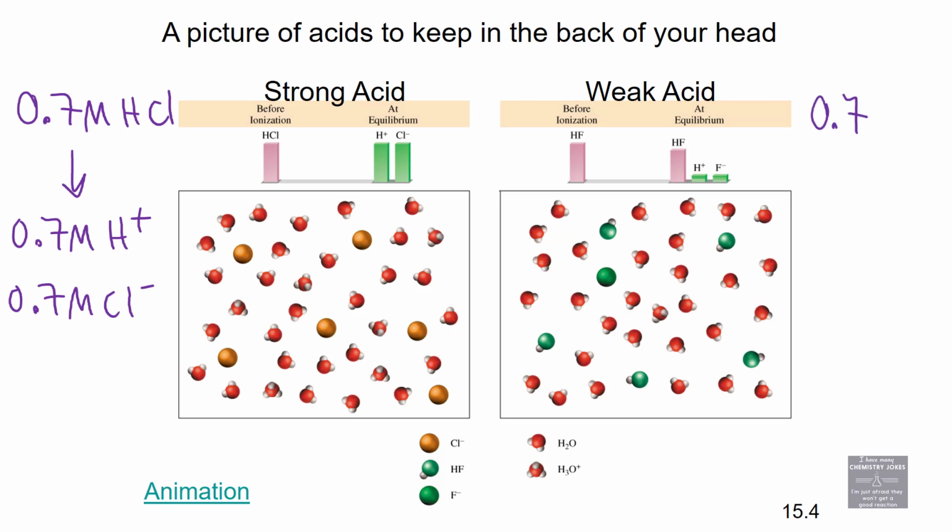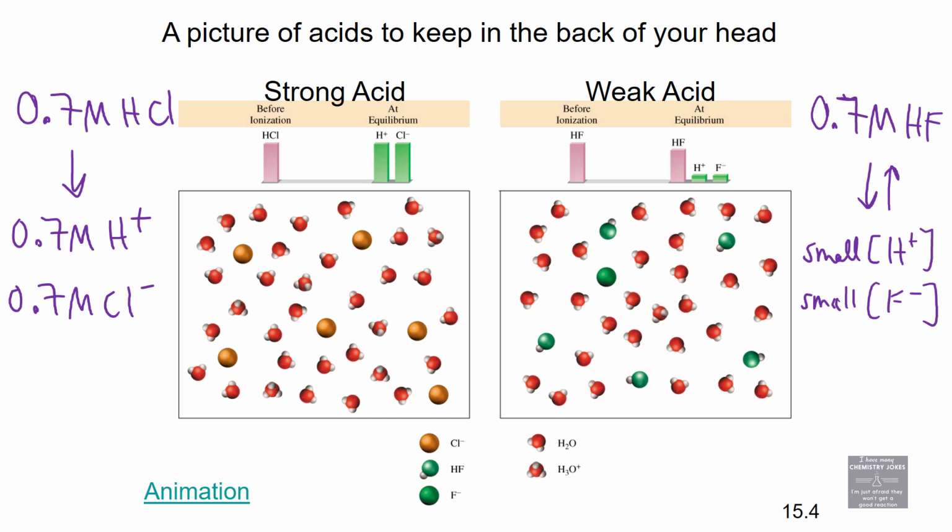If I have 0.7 molar HF, it does not dissociate completely, and I have a very small concentration of H plus. I have to use an equilibrium table to figure out what my small concentration of F minus and H plus are. Anytime I have a weak acid, I have to use an equilibrium table to figure out the concentrations of the ions in solution. Are you ready for this?